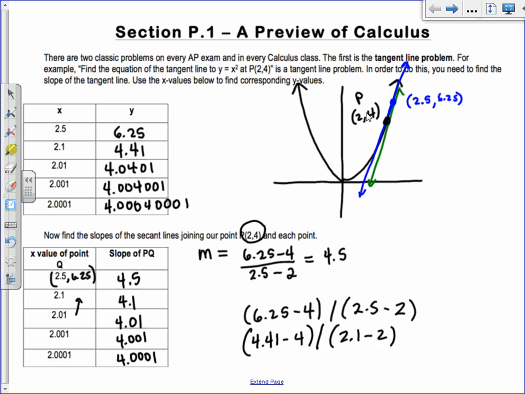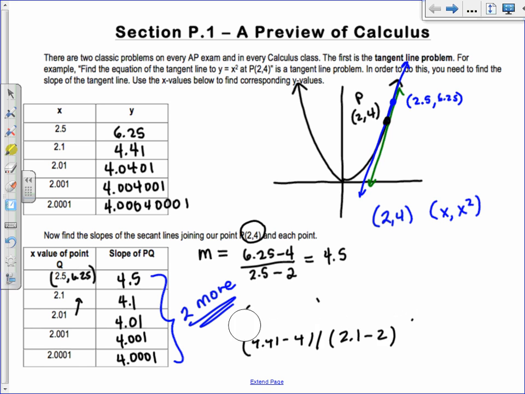Okay, let's go back to this one, and let's talk about why this was always 2 more. So why was your slope always 2 more? Let's think about a general point. So let's use 2, 4, and let's talk about the slope between it and x, x squared, because any point on that curve is going to be in the form x, x squared. Make sense?